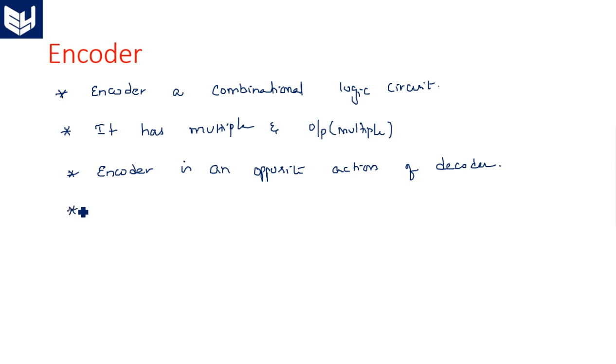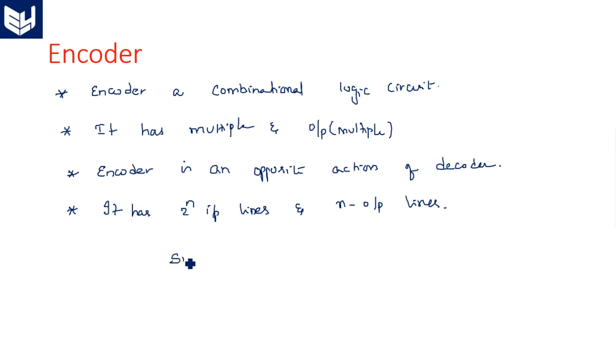That means how many inputs and how many outputs can we expect from this encoder? As we have seen, decoder has n inputs and 2 power n output lines. Encoder will convert in the reverse order. That means it has 2 power n input lines and n output lines.